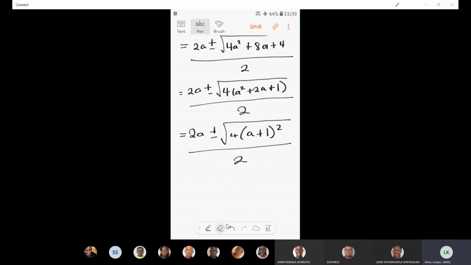When you have a product under the square root, you can always say it is the square root of the individual products. So this is the same as 2a plus or minus the square root of 4 times the square root of a plus 1 squared. This is still over 2.